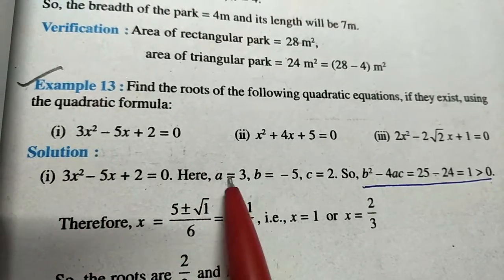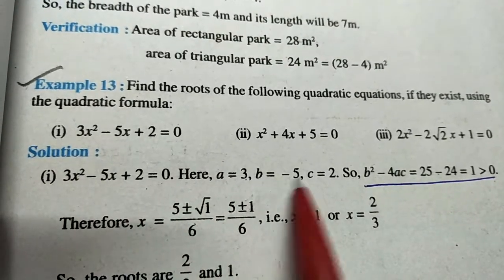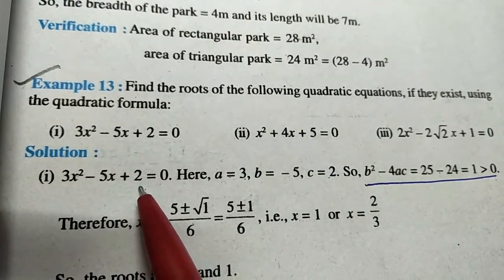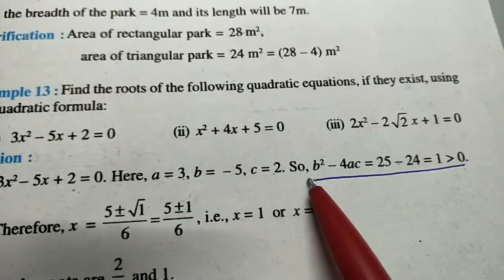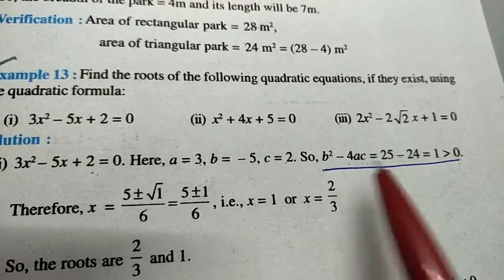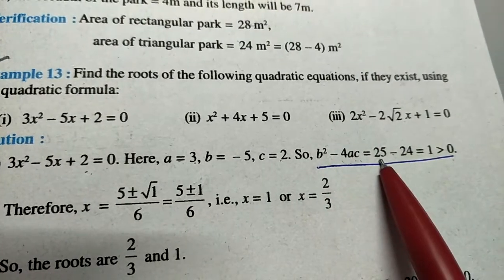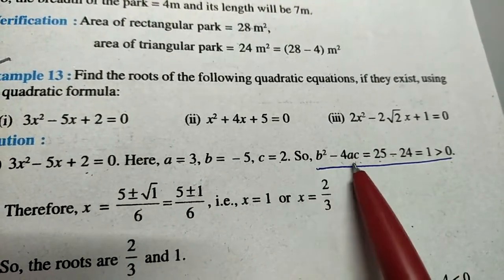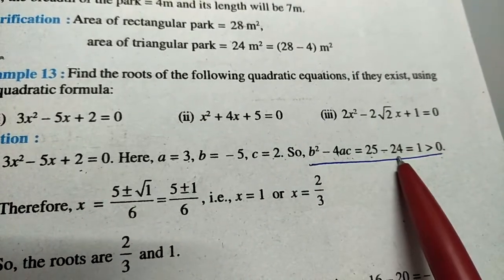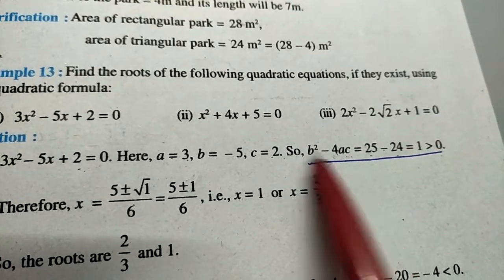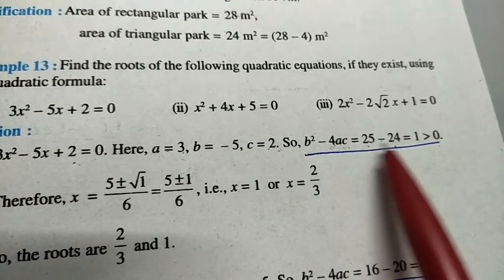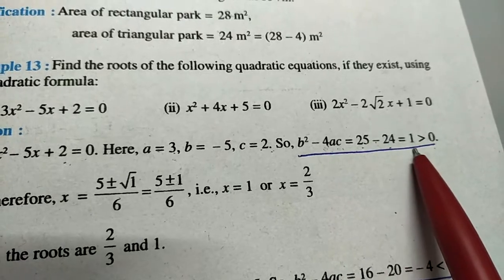Here a is equal to 3, b is equal to minus 5 and c is equal to 2. Now you put it in the discriminant b square minus 4ac. So you get 25 minus 4 into 3 into 2. Minus 4 into 3 is 12, into 2 is 24. So 25 minus 24, you will have 1.